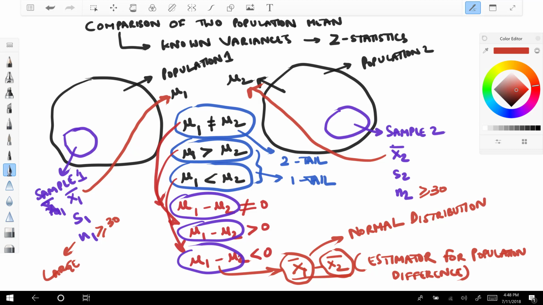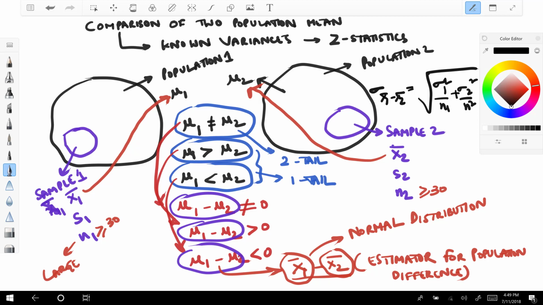Then we have the standard deviation of the difference of the means, represented by sigma of x1 bar minus x2 bar, which is the square root of sigma 1 square divided by n1 plus sigma 2 square divided by n2.